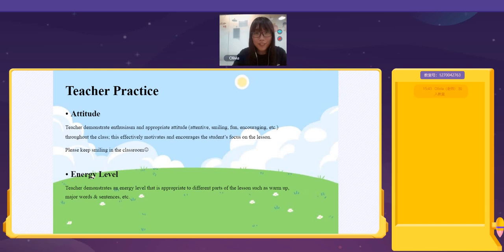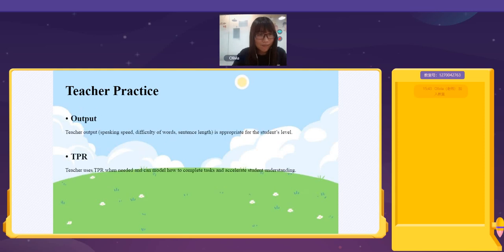Let's move on to the next part. The next one is output. Teacher output is appropriate for student level. For now, most of our students are level 0, so please use simple sentences and simple words when you teach in the classroom.